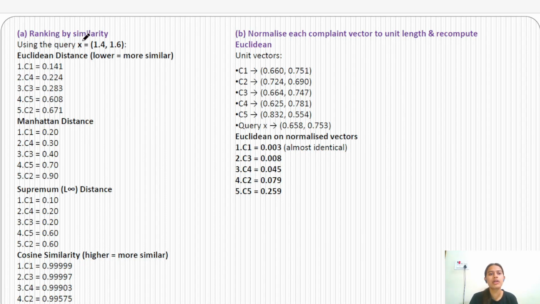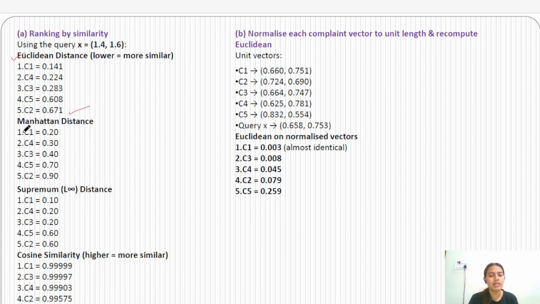Using the query x = (1.4, 1.6), we will calculate the Euclidean distances using the formula. C1 has the lowest distance and C2 has the highest distance, that's why it is displayed at the end.